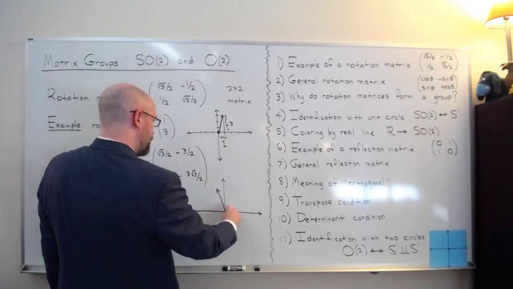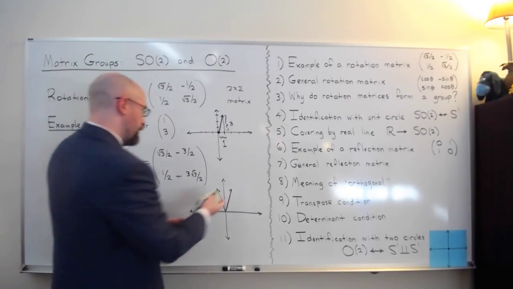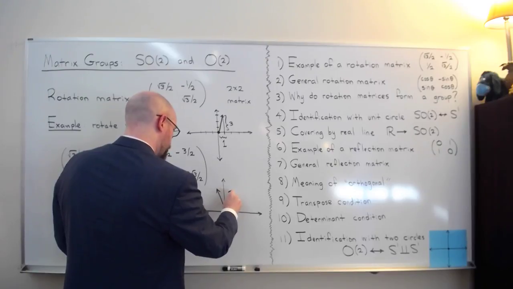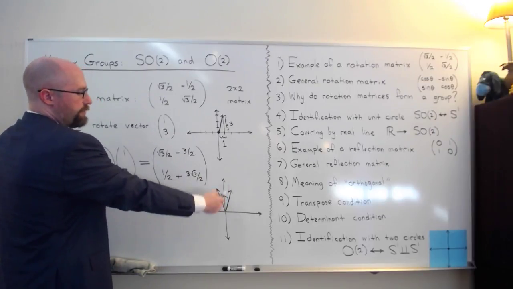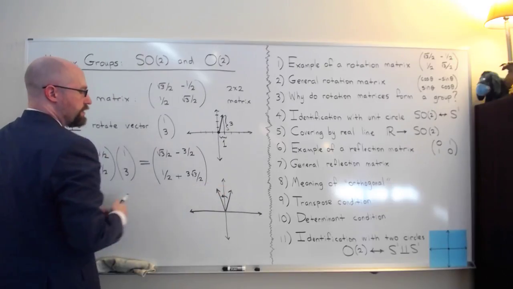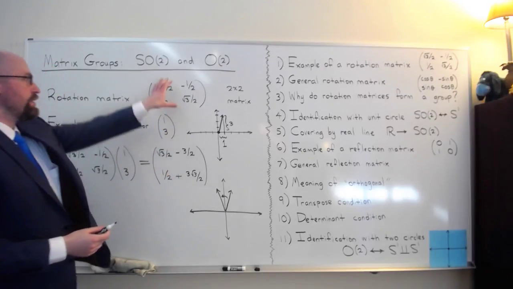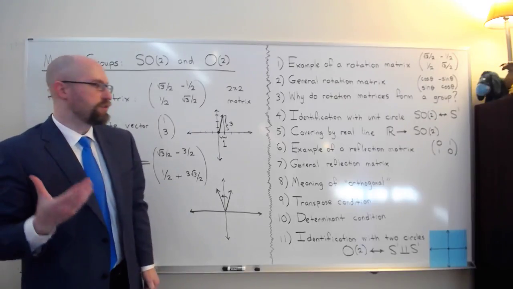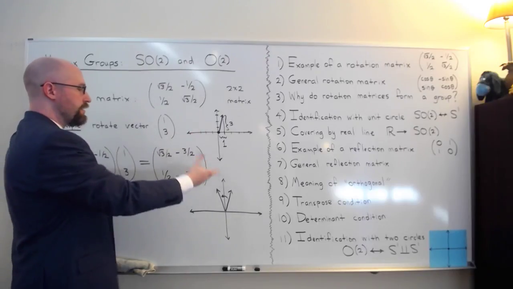It started out maybe like that, and it's rotating 30 degrees. Now that might look like it's symmetric about the y-axis. It's not in this case, but anyway, it goes a little bit beyond the y-axis when it rotates that way. So you can at least see what's happening. You can see what the machinery of this is, and it should at least be believable or plausible to you that that's what this matrix is doing, that it's taking each vector and rotating it.